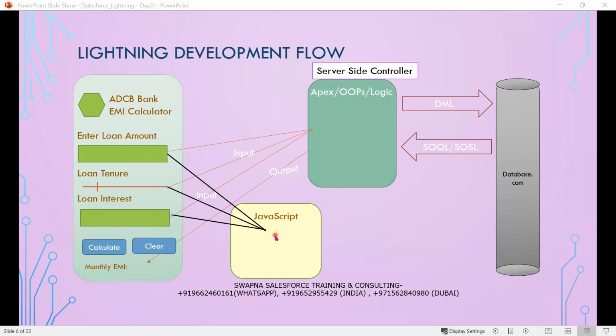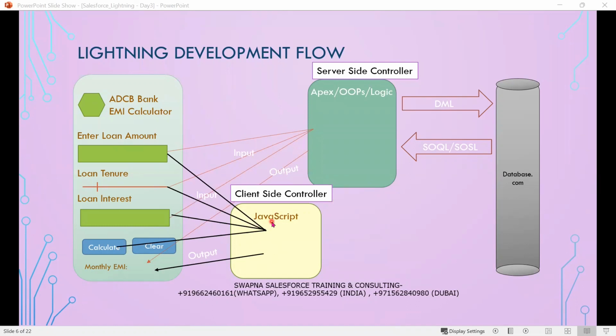Now JavaScript does the logic and it will send the response to the user interface. So all the input will be taken, and the output is also from the JavaScript. Whatever the logic we are writing in the JavaScript is called client-side controller.